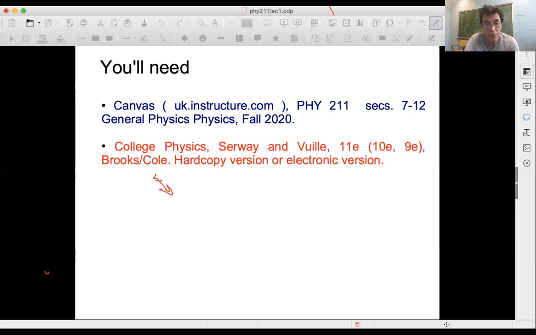So it's most easy if you've got the 11th edition, but if you've also got a 10th or a 9th edition, I think that's fine too. And of course you could have a hard copy, a rental or a used copy or a new copy, or an electronic version of the textbook.